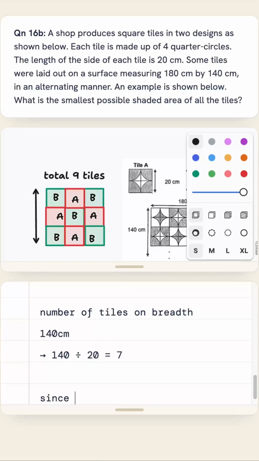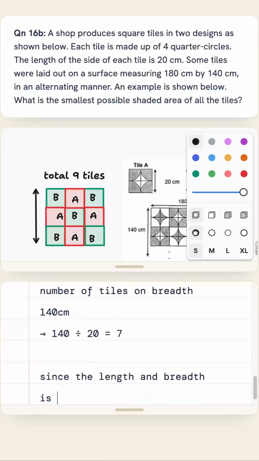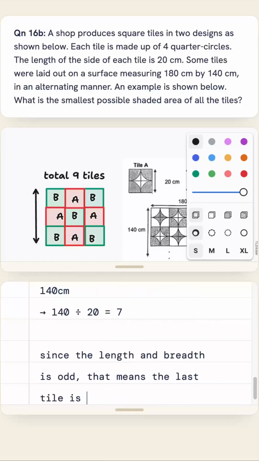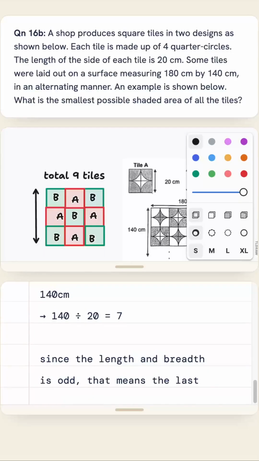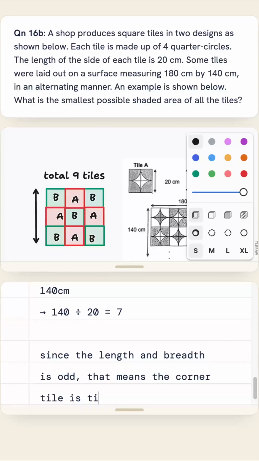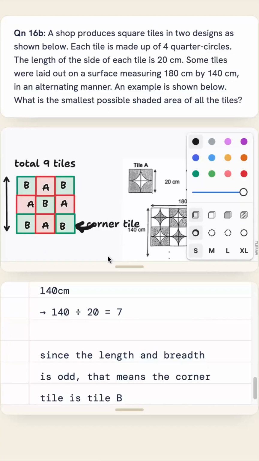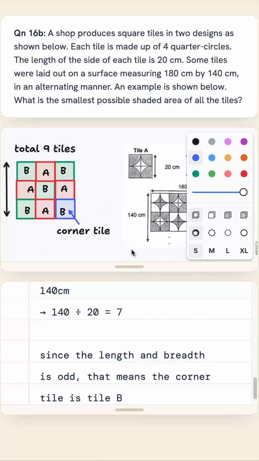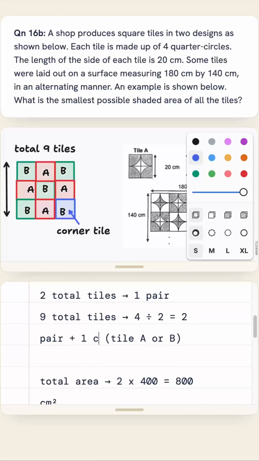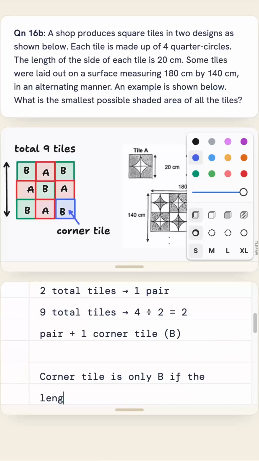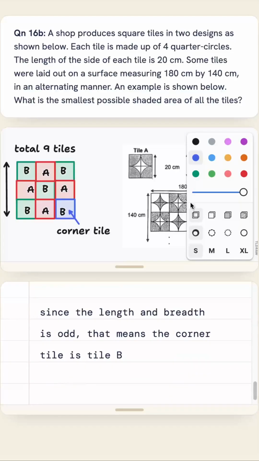So we will just have to add the B, because this is odd and this is odd. Since the length and breadth are odd, that means the last tile, or the corner tile, is tile B. So the corner tile is only B if the length and breadth are odd.